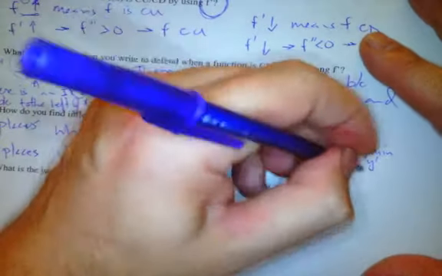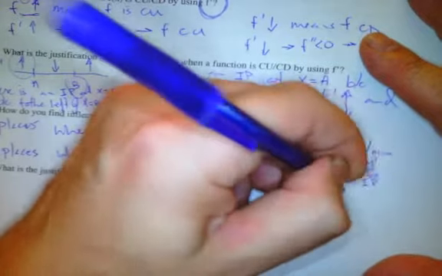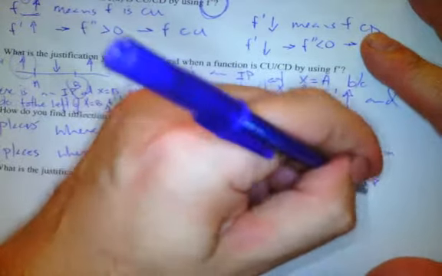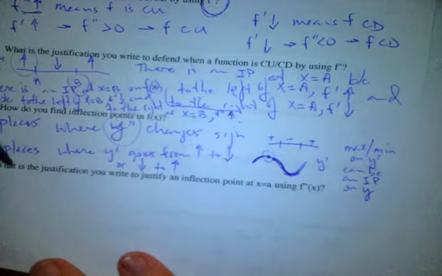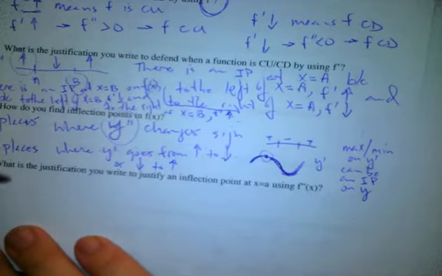This turns out to be a max on y prime. So a max or a min, that's where y prime goes from decreasing to increasing. A max or a min on y prime can be an inflection point on y.